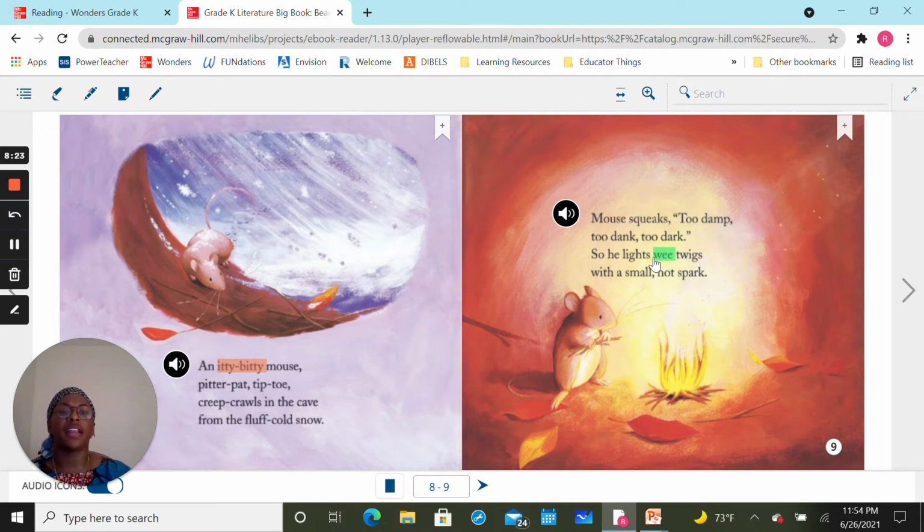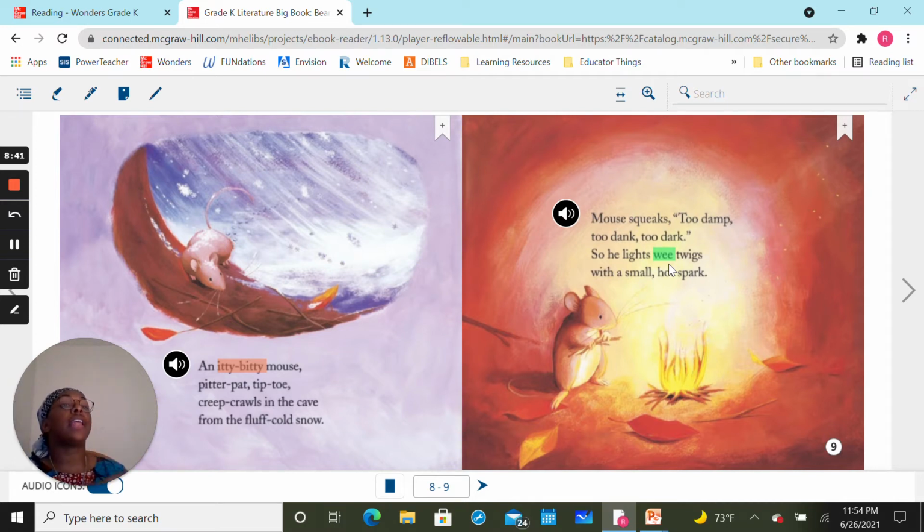And on page 9, this other word that I've highlighted, wee little twigs. Wee is another word, and it's W-E-E, that means small. So everybody say, wee twigs.